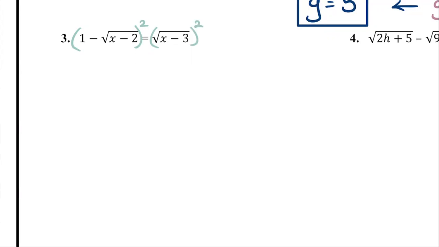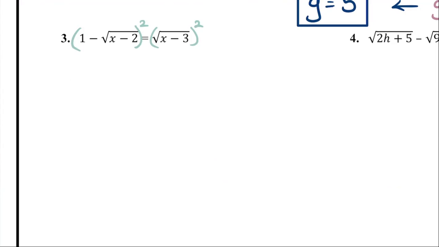I will get 2 minus x minus 2. Wait, 2 minus... oh yeah, say that one more time. 2 minus x minus 2. I think so. Oh wait, no. It is 1 minus. So be careful.